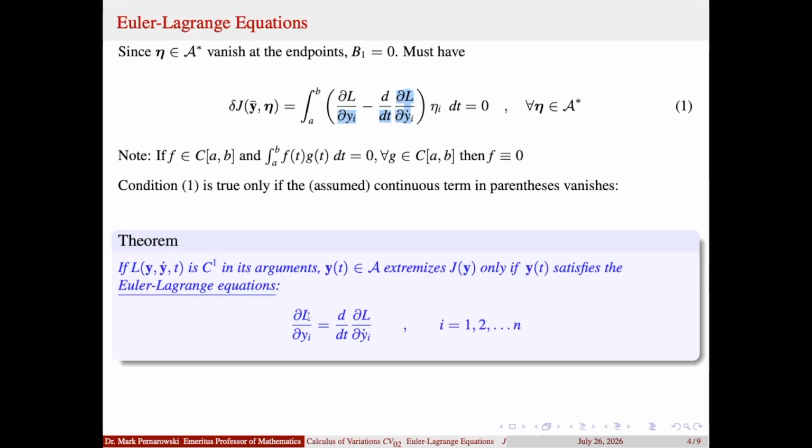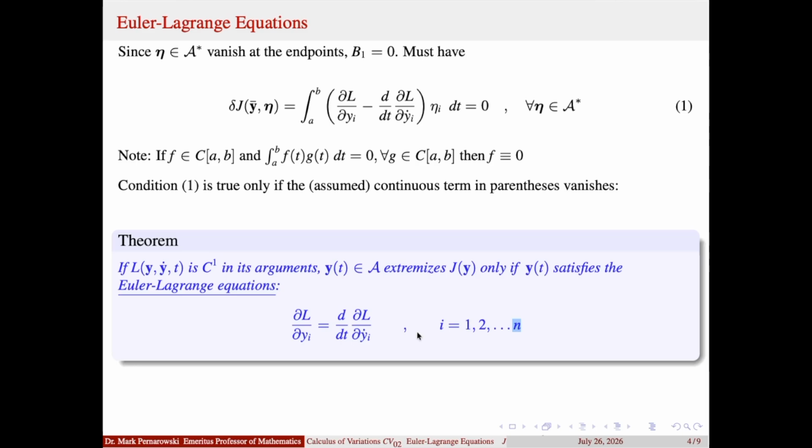What are they? You take L, partial derivative in yi, equal to the total derivative in time of the derivative in the yi dot terms. This is not one equation. This is actually n equations.